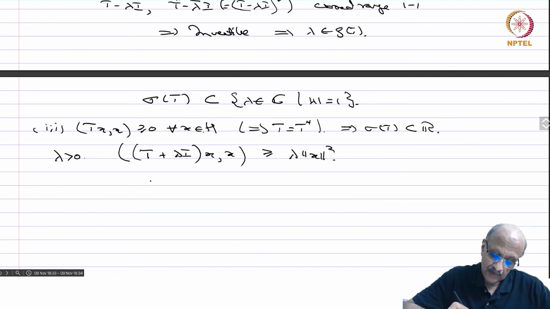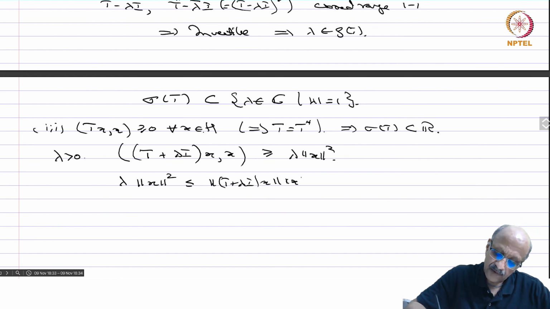Okay, and therefore by the Cauchy-Schwarz inequality, lambda times norm x squared is less or equal to norm of (T plus lambda I)x times norm x, and therefore norm of (T plus lambda I)x is greater than or equal to lambda times norm x.